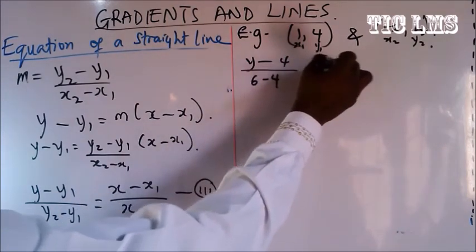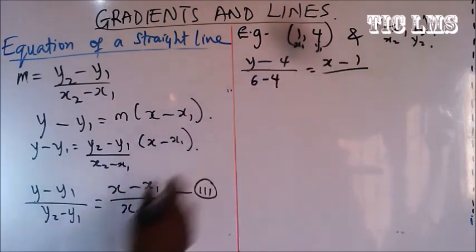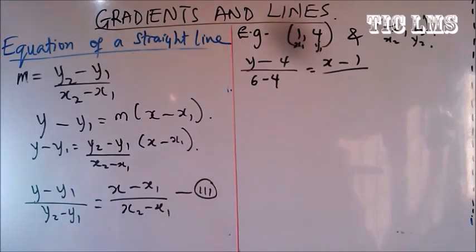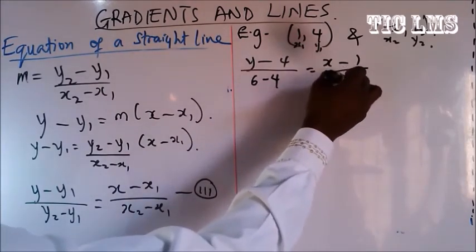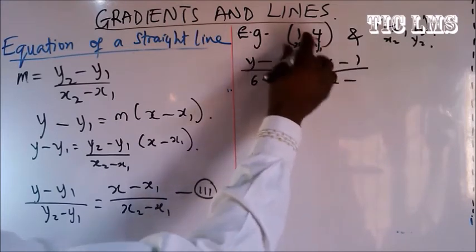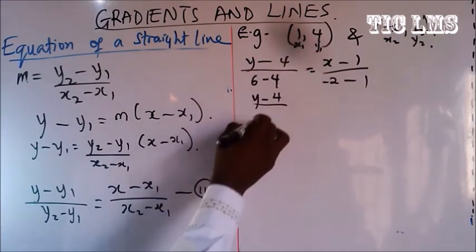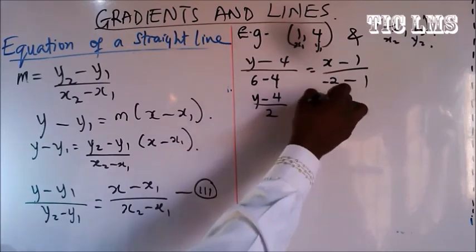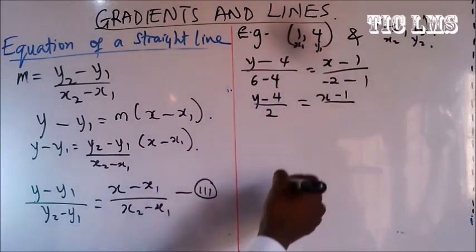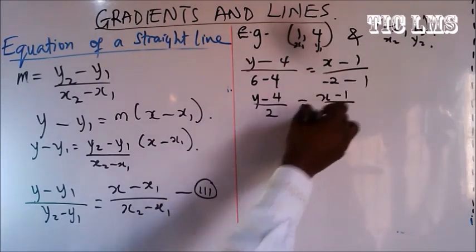So we have x minus 1, and then x2 minus x1, which is minus 2 minus 1. So y minus 4; 6 minus 4 leaves us with 2. Then x minus 1, then minus 2 minus 1 leaves us with minus 3.